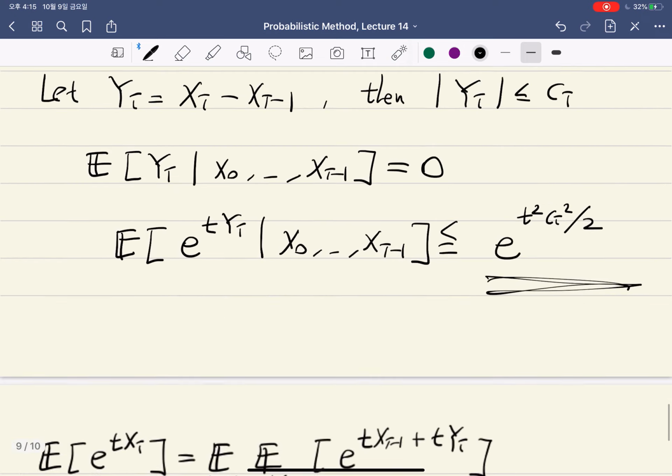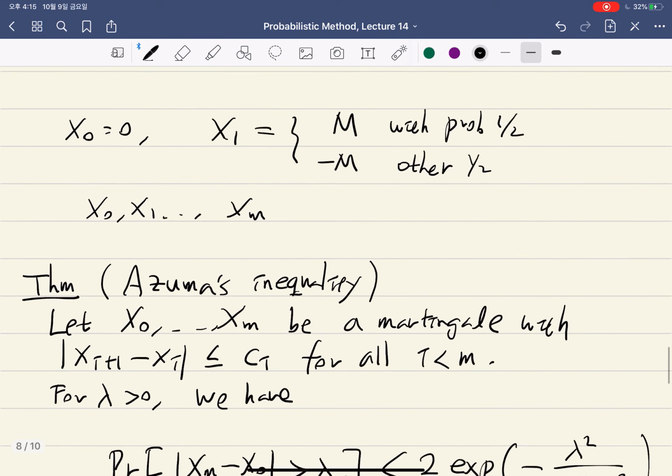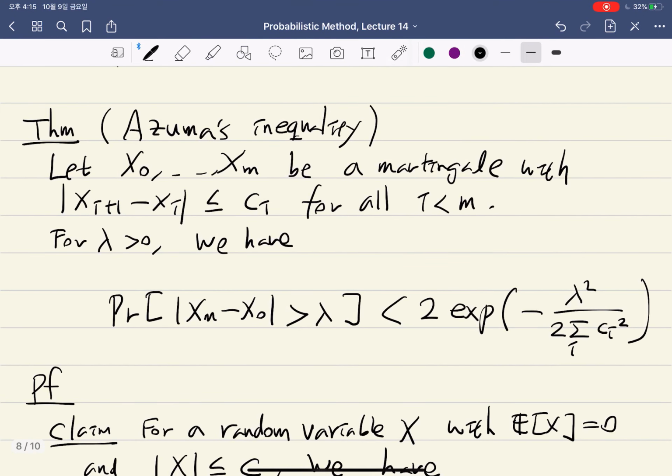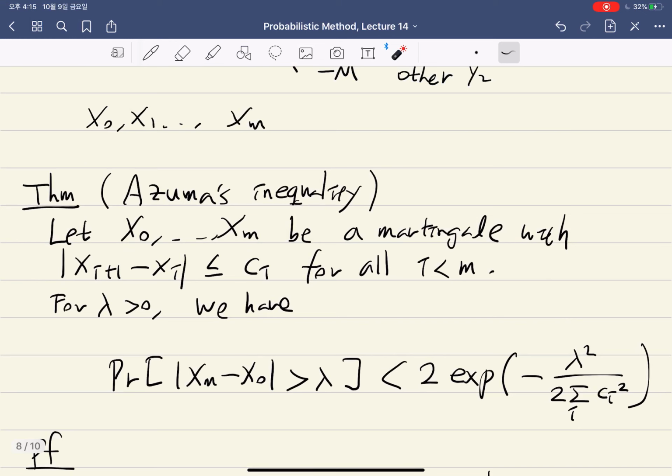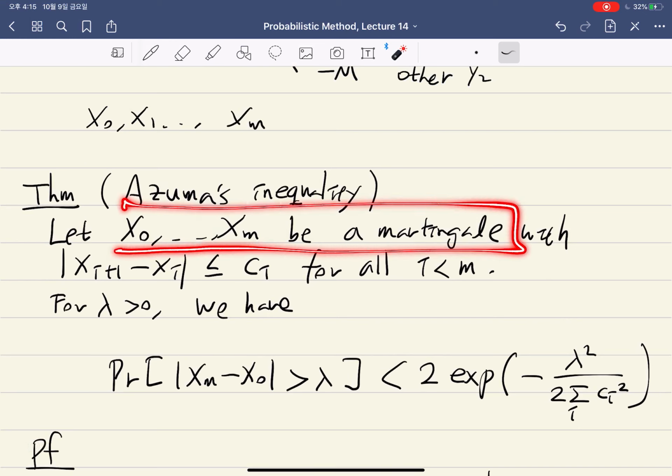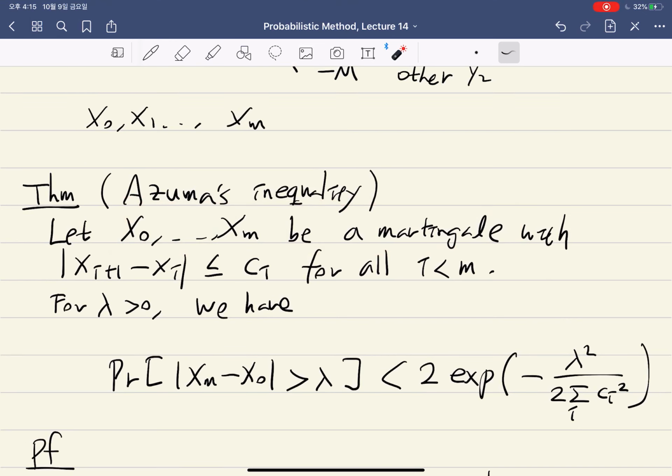So we have this Azuma inequality, and we want to apply this to some problems that we want to show. For that, we need to set up the right martingale. But usually this martingale is the exposure martingale that we have learned. And we also have to check whether this is actually satisfying this condition.